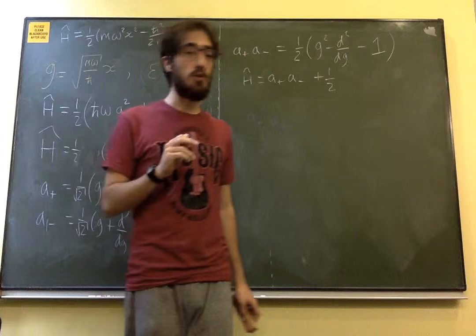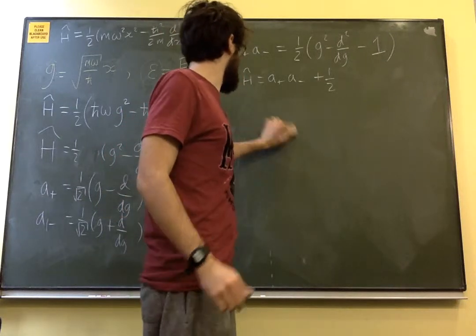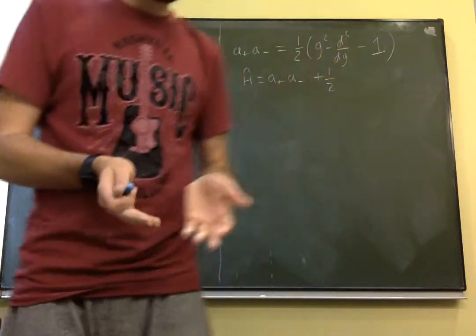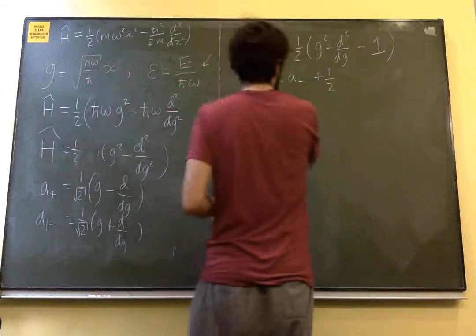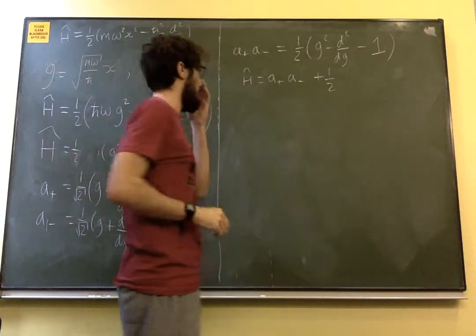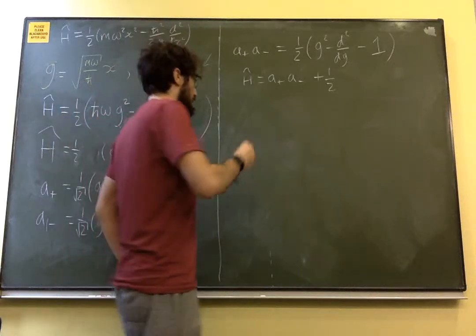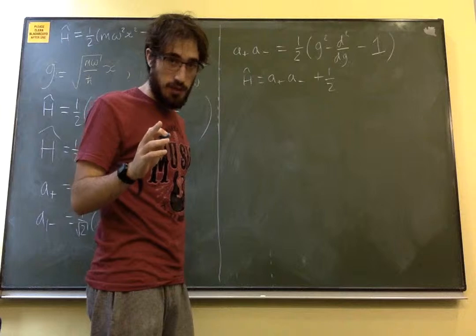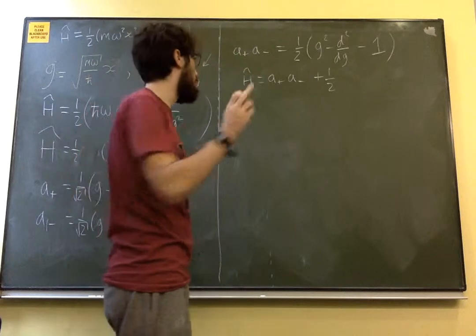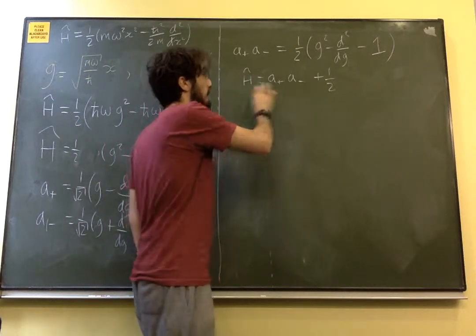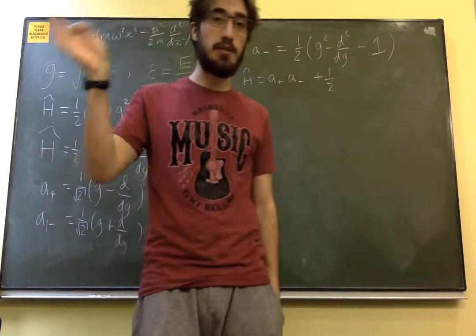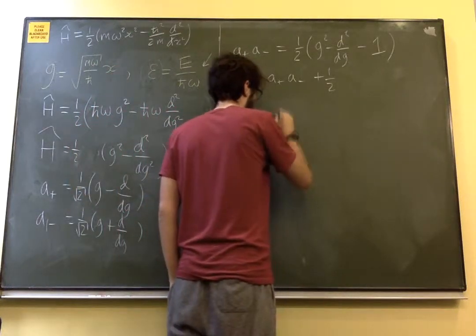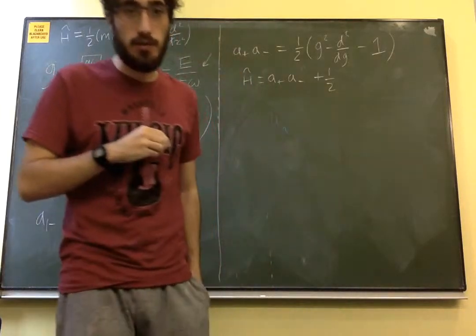Let's conceptually try to understand what the idea of a raising operator is, and then we're going to get to showing all of this being true. Suppose that I have an eigenfunction of the Hamiltonian, u n.